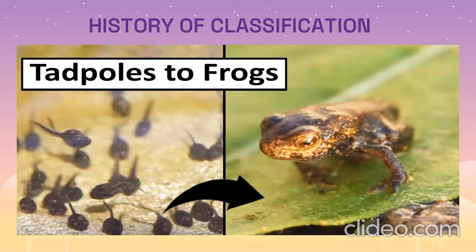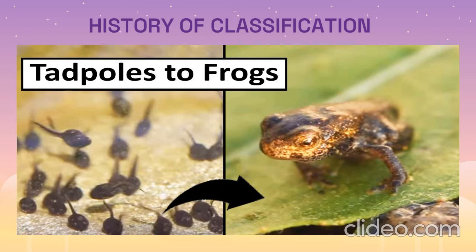But during metamorphosis in its life cycle, it matures, and the mature frog lives on land. Here the frog has two habitats. In its larval stage, it lives in the aquatic region; in its adult stage, it lives in the terrestrial region. Then what category can we give this frog, aquatic or terrestrial? So there is a confusion. This is one of the limitations stated regarding Aristotle's classification.